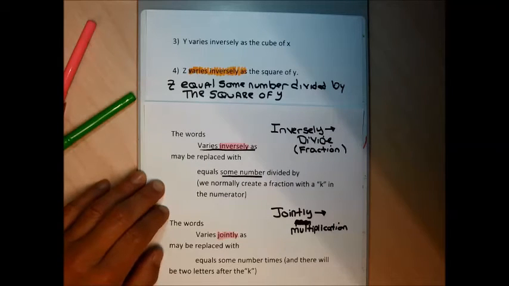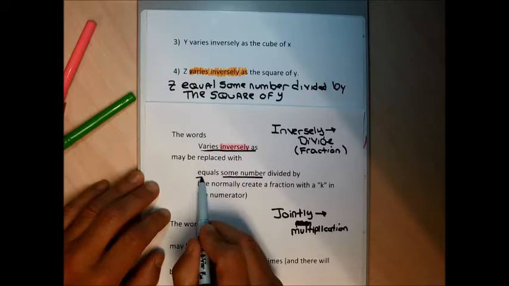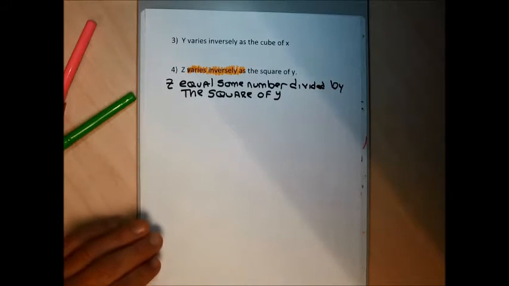So that's how I would reinvent problem 4 so I can create an equation with a K. So I just took the words varies inversely as, traded them out for equals some number divided by. And now I'm going to form my equation.